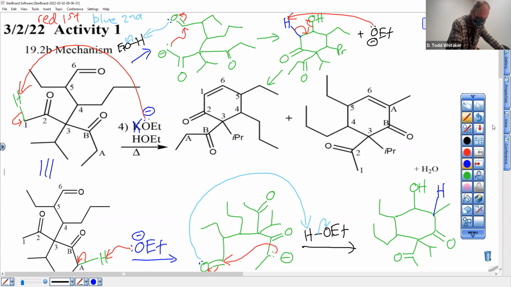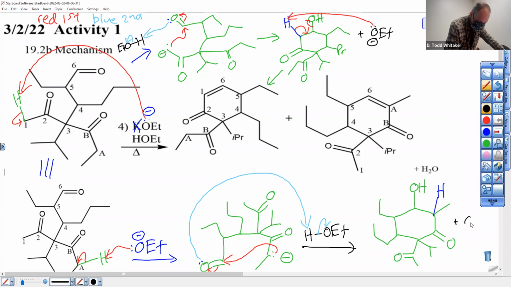Also, OET minus was just generated. Almost done. Grab H. Sigma becomes pi. Leaving group, not a great one, but good enough when hydroxide or ethoxide are present. And done.